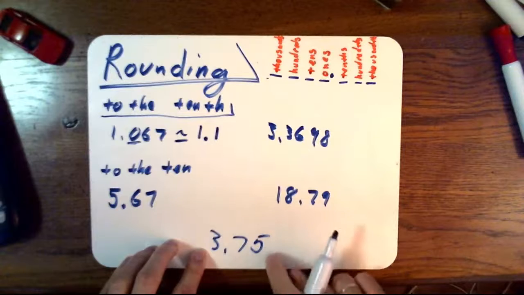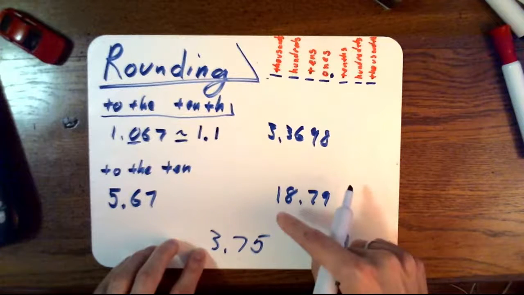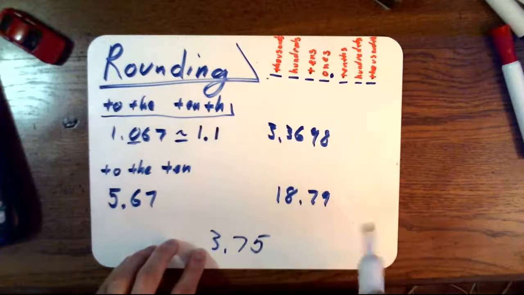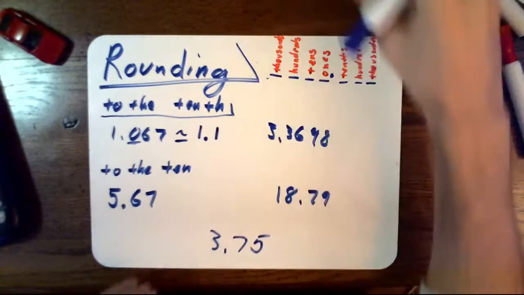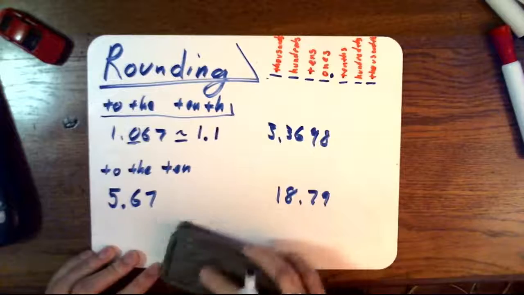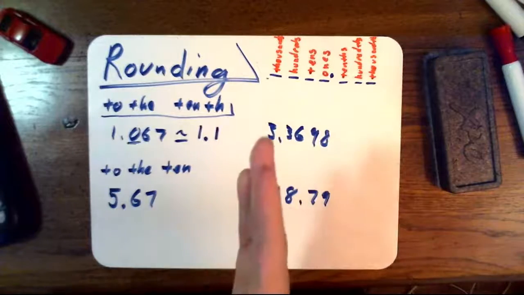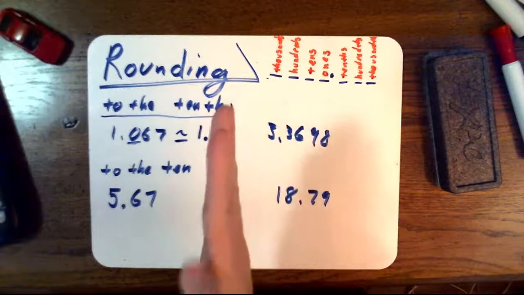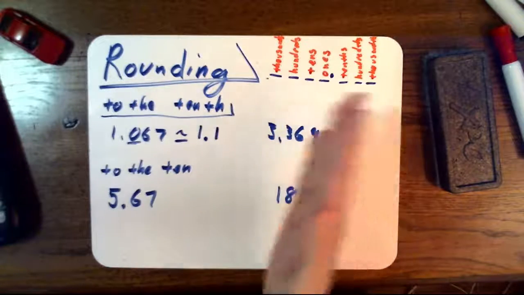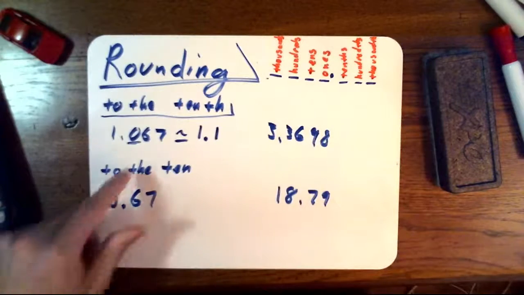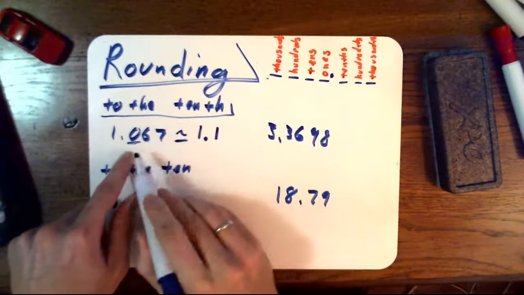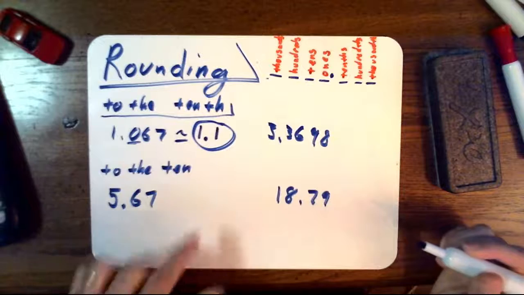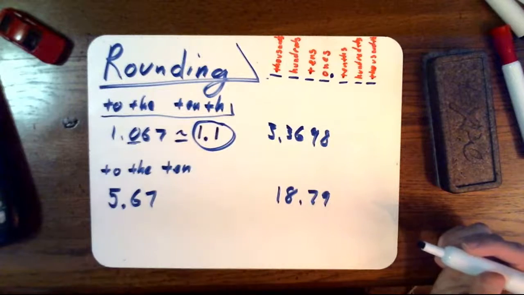Well, it's closer to $4 because we're just a quarter away from 4, but it's further away from 3 because we're three quarters away from 3. So 50%, or 5, is right in the middle of that. Anytime you have a 5 or greater, you round up. So since this is a 6, you round this position to a 1. So rounding to the tenth would be 1.1.